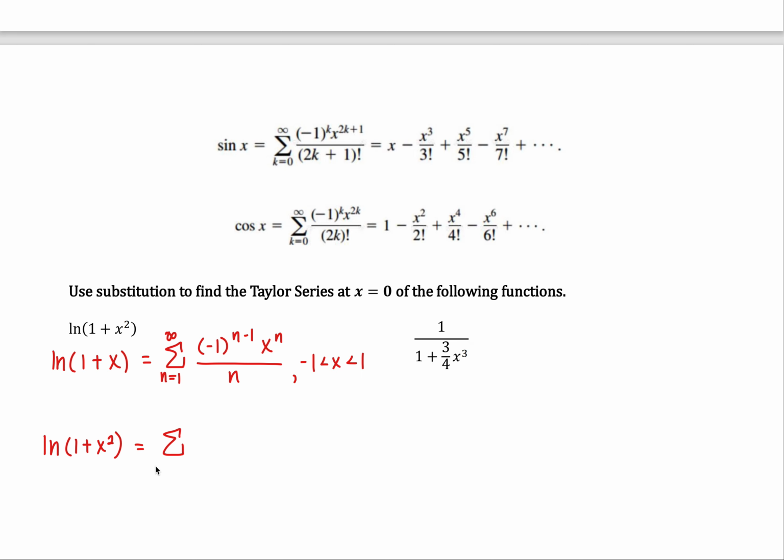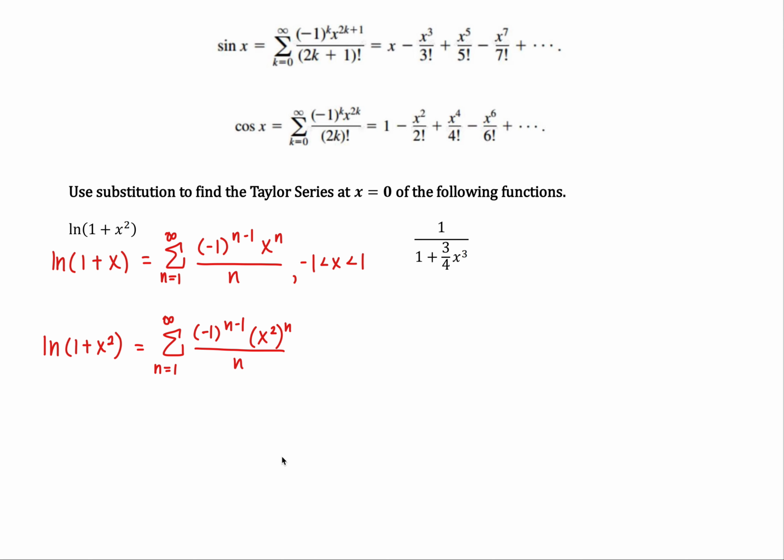So we're looking at the series from n equals 1 to infinity of negative 1 to the n minus 1, then x squared to the n over n, which is just that series for n equals 1 to infinity, negative 1 to the n minus 1, x to the 2n over n.